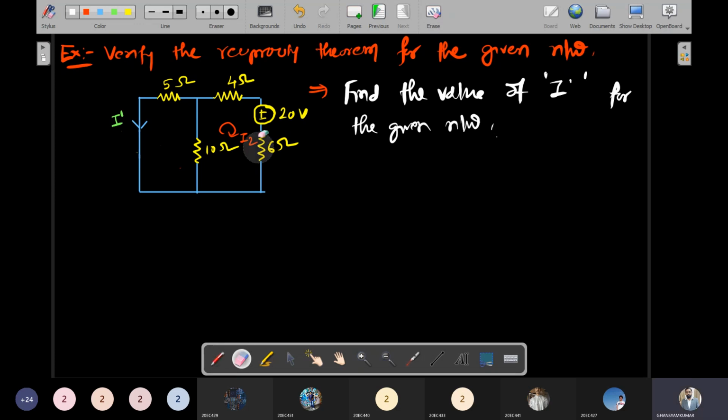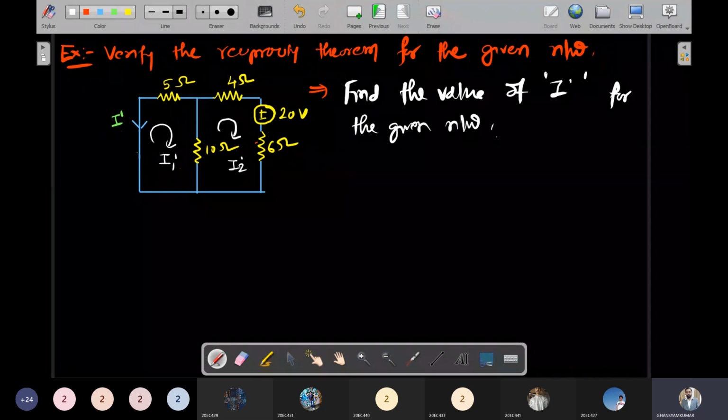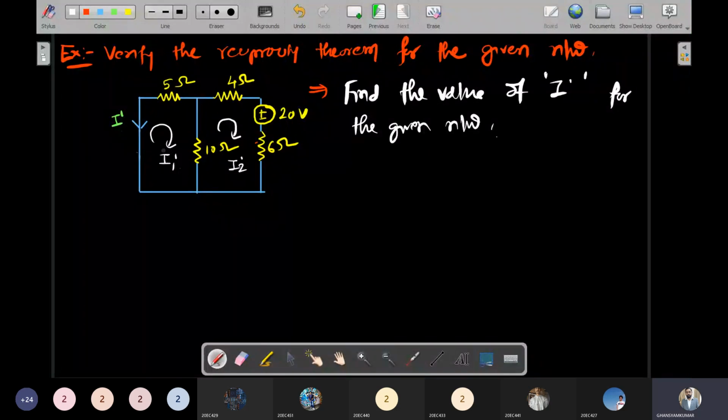So in this one, this was changed. Now you can apply the same loop analysis. Suppose this one is I1 dash and this is I2 dash. Over here you see the direction of I dash and I1 dash, both are reverse.